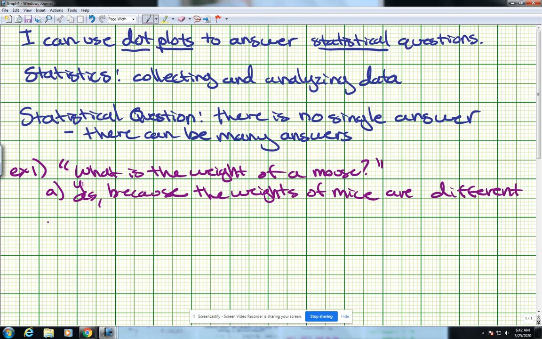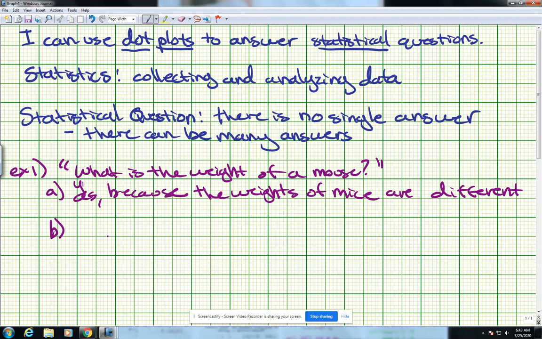So that's question A. Question B says you weigh some mice and record the weights in grams in the table. Display the data in a dot plot and identify any clusters, peaks, or gaps in the data. If you look at the left of the question, there's a little chart with a whole bunch of different weights of mice. They want us to make a dot plot of it.